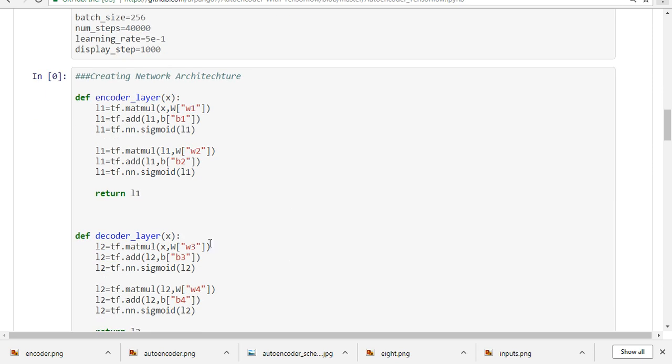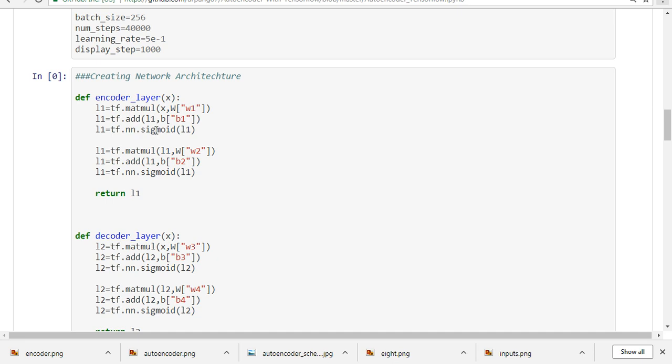I have already explained how you do the matrix multiplication. You use tensor matrix multiplication in TensorFlow, so you just use tf.matmul, and if you want to add two things, you use tf.add. If you want the sigmoid function, just use the submodule nn inside tf, which is tf.nn.sigmoid.